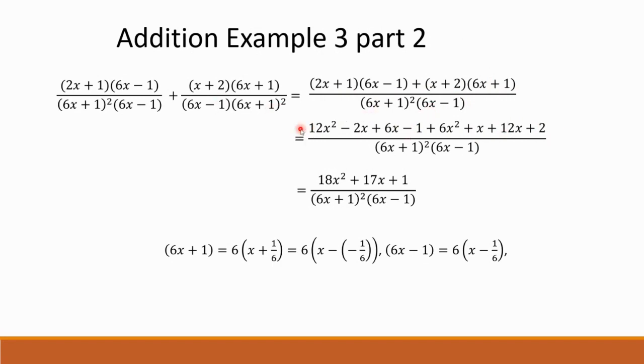When you add, you leave the denominators alone. So again, we FOILed the numerator, right? Now we combine like terms. We have 12x squared plus 6x squared, that's 18x squared, minus 2x and 6x, right? What is that? That's 4x, plus x is 5x, plus 12x is 17x. Minus 1 plus 2 is just 1. So we get this.